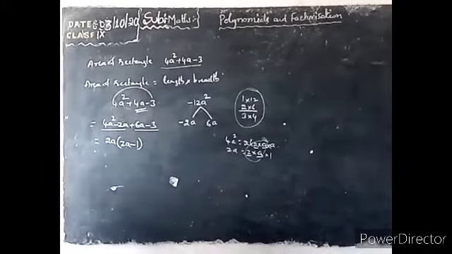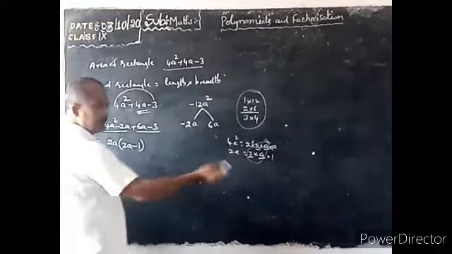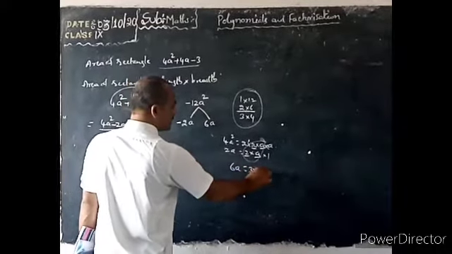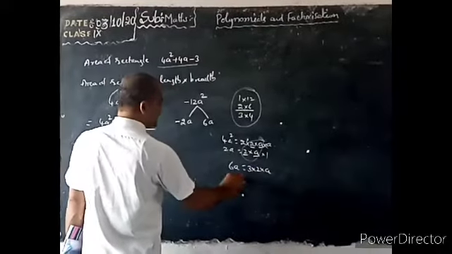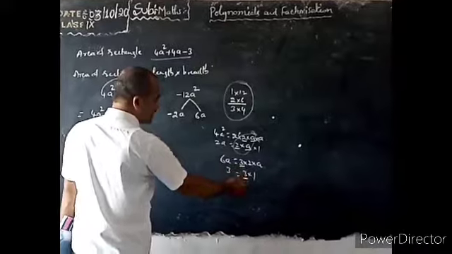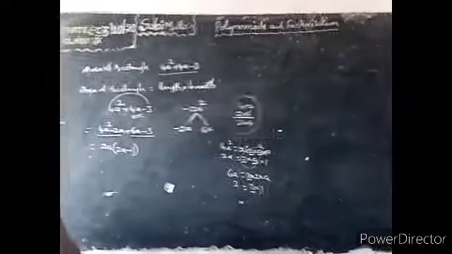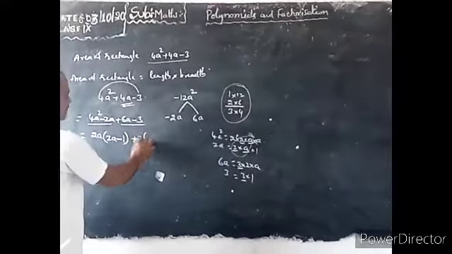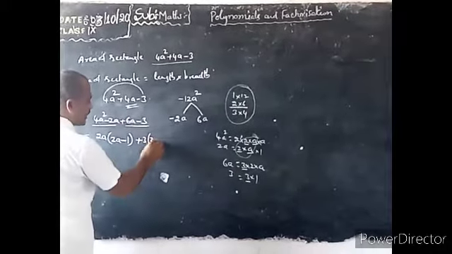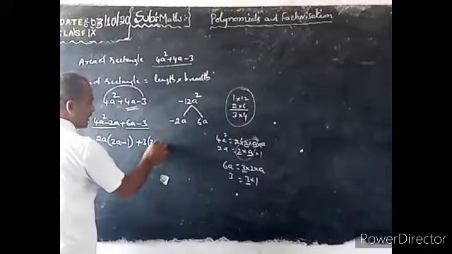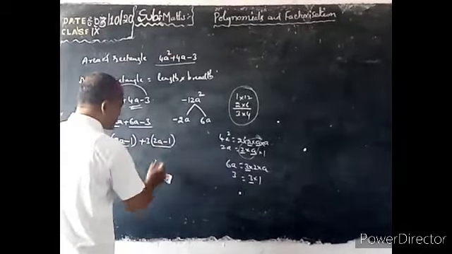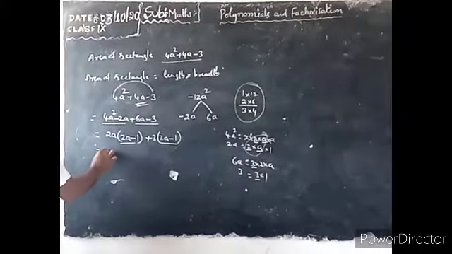6a can be written as 3 into 2 into a. Now 3 can be written as 3 into 1. What is common here? 3 is common. Now 3 is taken out, plus 3. If 3 is taken, what remains here? 2a. Next, 3 is taken, what remains? 1. In this again, what is the common factor? 2a minus 1.